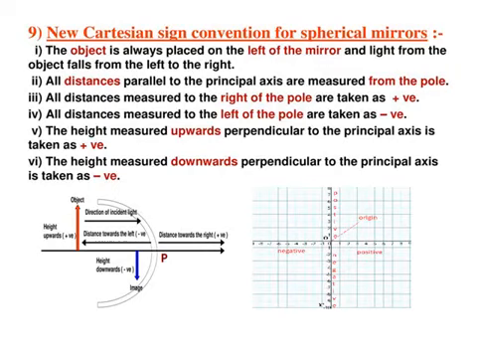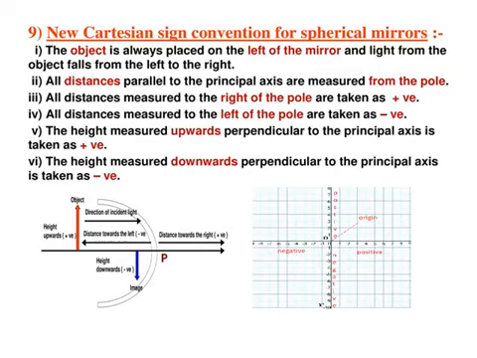Okay, so fix the origin of the graph. Listen to me very carefully. Fix the origin of the graph on the point P, that is the pole of the mirror. So O should be fixed with the point P. Then any distance which you measure on the left side of P is negative, right?